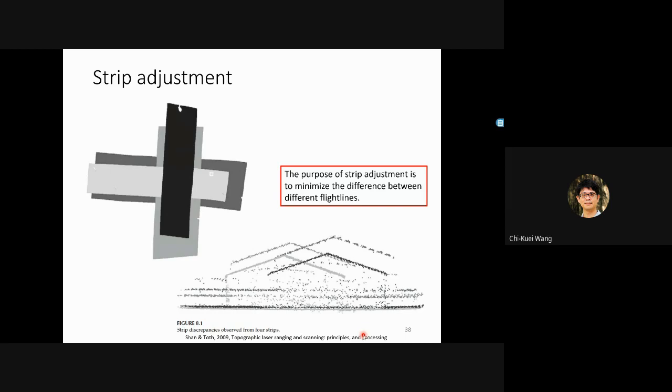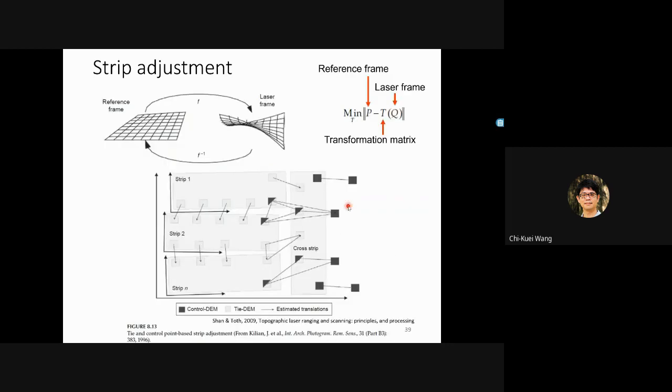This is expected for any kind of LiDAR data. So you need to do stripe adjustment. What is stripe adjustment? You would like to minimize the difference between different flight lines. So this is what you have to do. So how to do it?